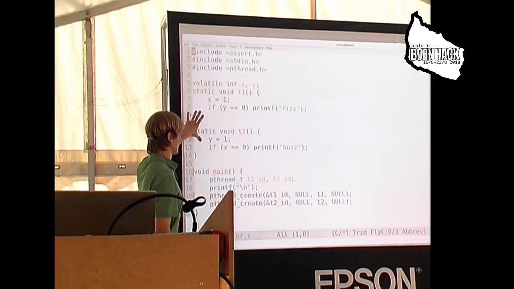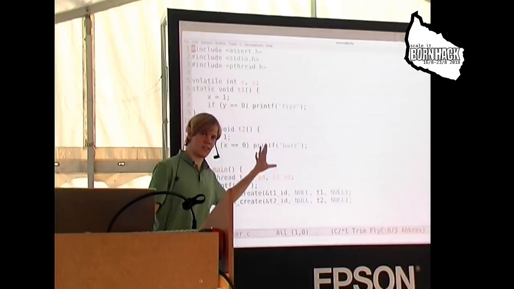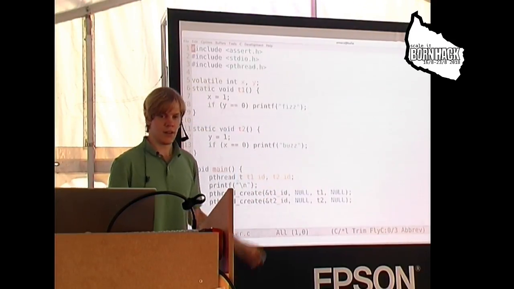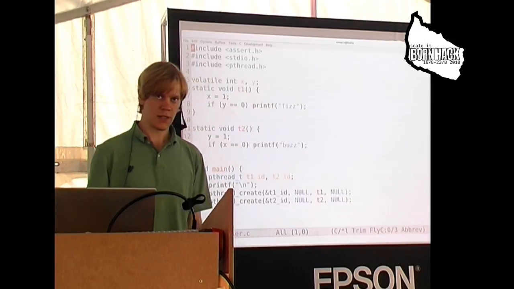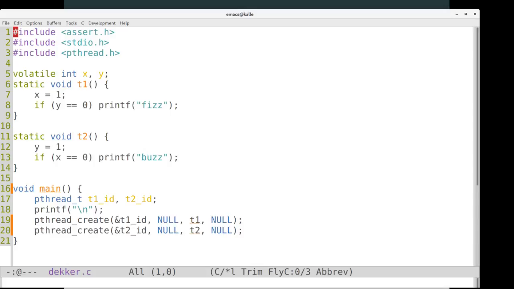This is supposed to guarantee that these printfs, which are sort of the critical section here, will not both be executed. So is this true? Is it possible for this program to print fizzbuzz, or buzzfizz for that matter? One person is nodding. Someone else is shaking their head.